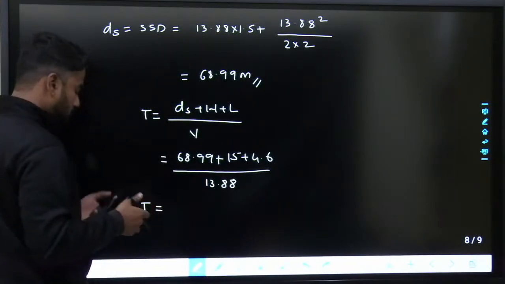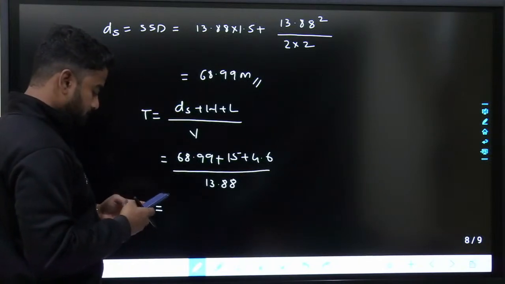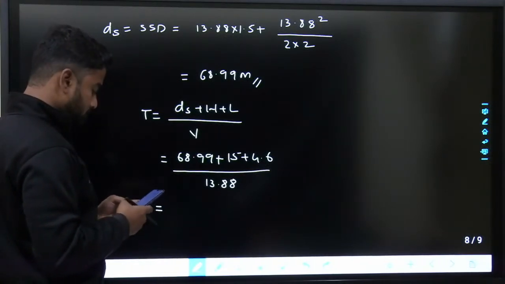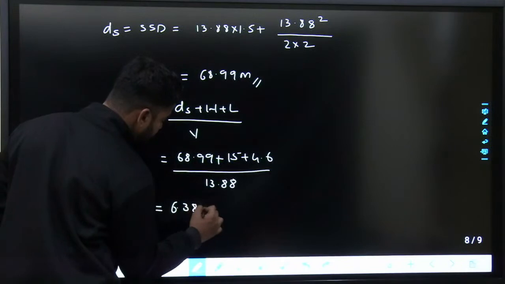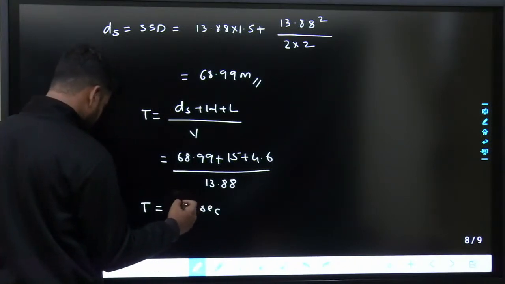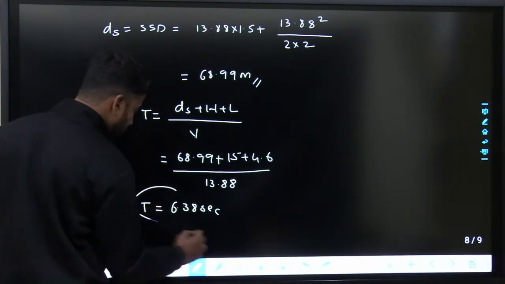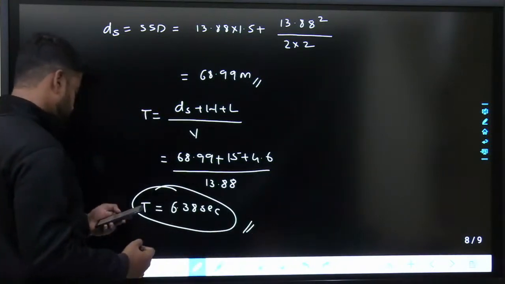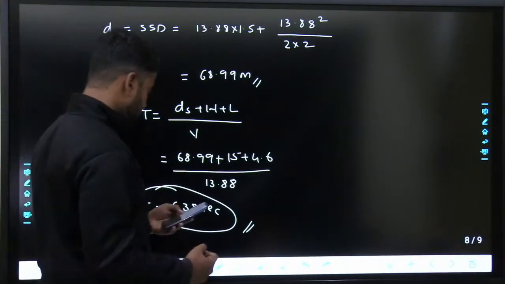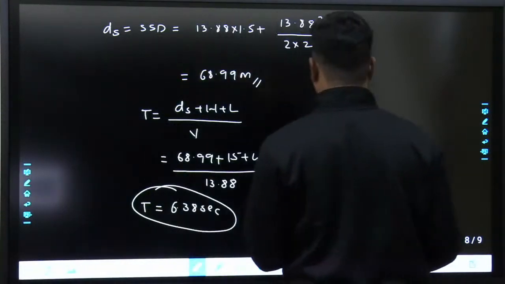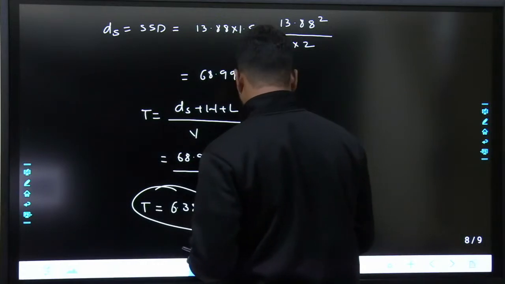So amber time required is 6.38 seconds, right?